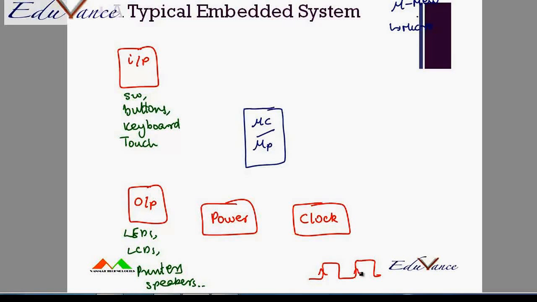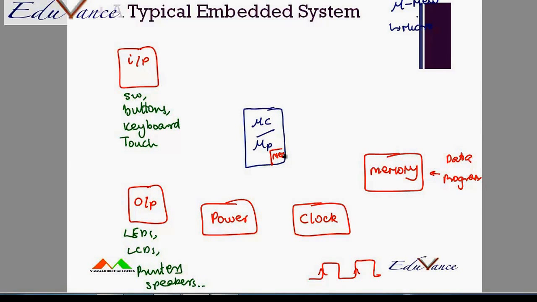Then after that, if you can guess, there is another very important component, which is memory, because you have to store data and the program in the memory. Some microcontrollers or microprocessors also have memory inside the chip.